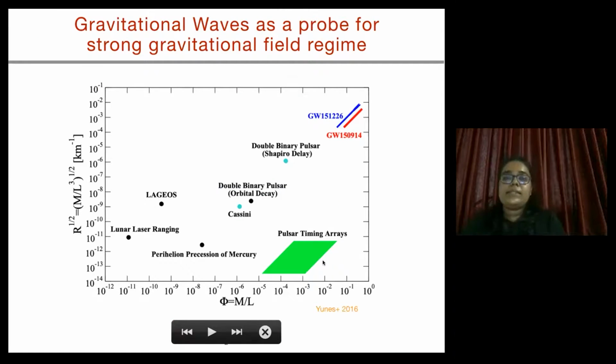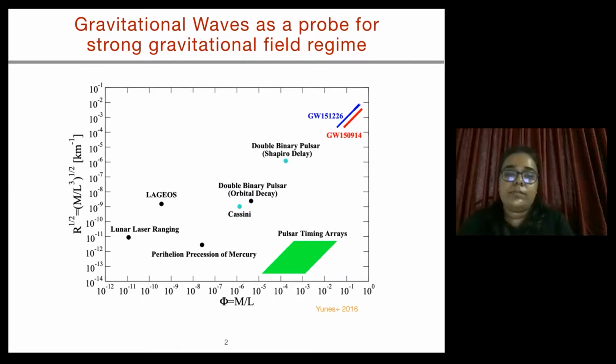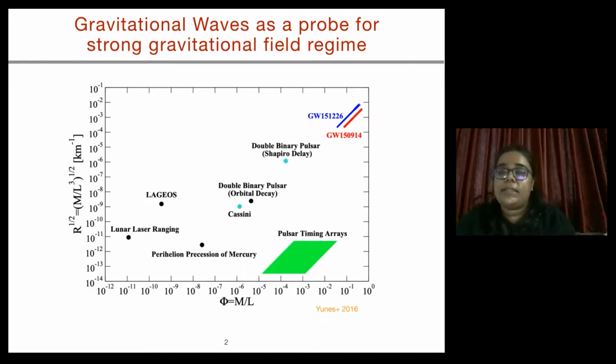So this is a schematic diagram of the curvature-potential phase space that is sampled by various tests of GR. As you go to the right and climb up the y-axis, your curvature and potential become increasingly large and dynamical, and that is exactly what is spanned by the first two gravitational wave detections, GW150914 and GW151226.